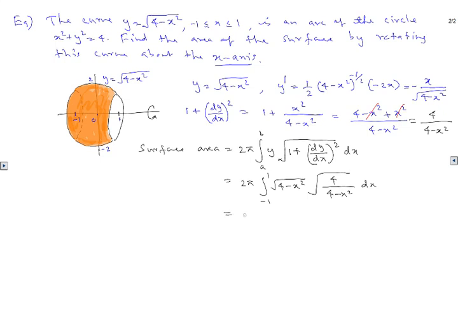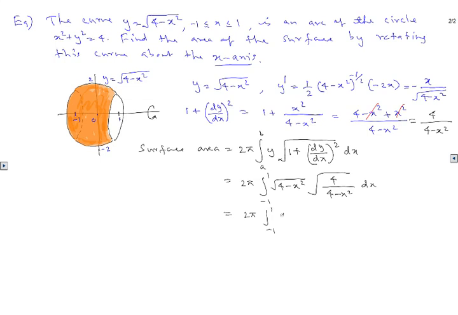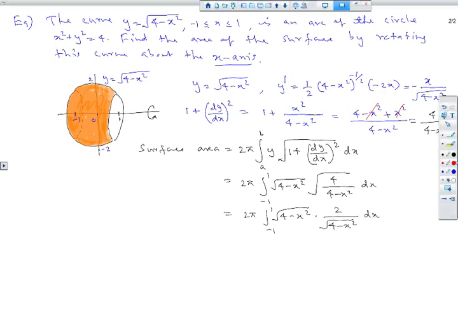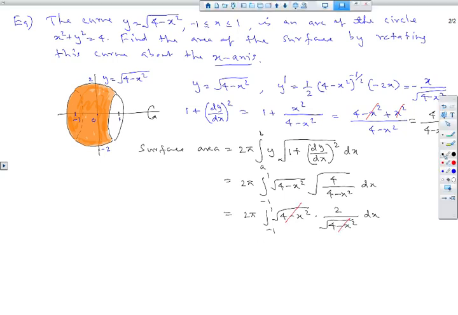I'm going to write an extra simplification step here. It's not really necessary, but for clarification: we have the square root of 4 minus x squared, then split the square root, so it's 2 over the square root of 4 minus x squared, dx. You can see that these two terms cancel, so we were lucky.